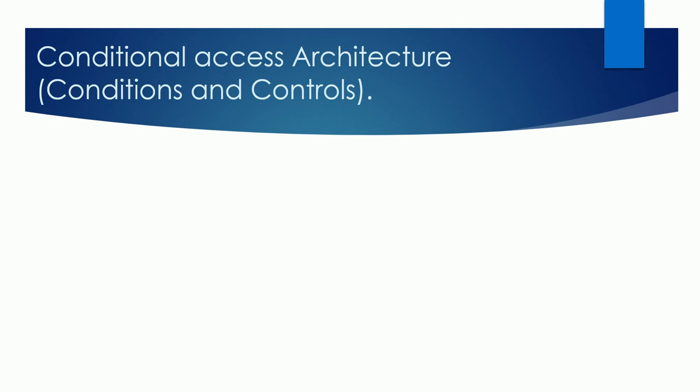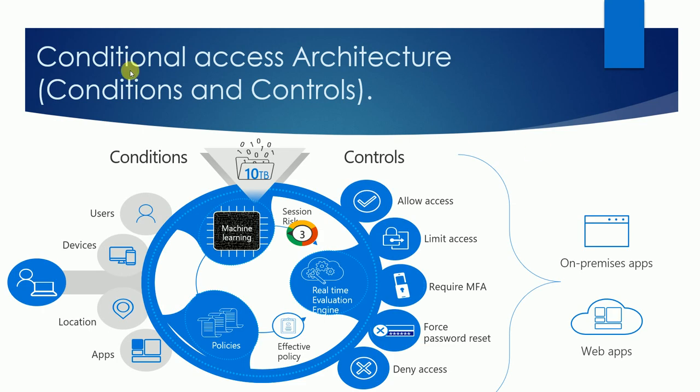Now, here is the conditional access architecture, what it looks like. These are the conditions and controls, and then it reaches the user, determining whether the user will access that application or not. Conditions come from users, devices, locations, or the app, whatever you set. For example, you set a condition based on location.